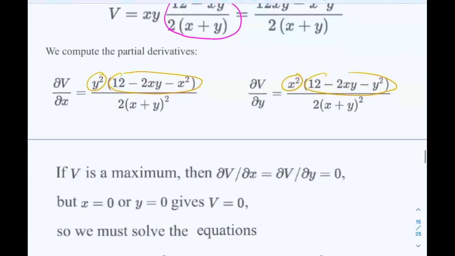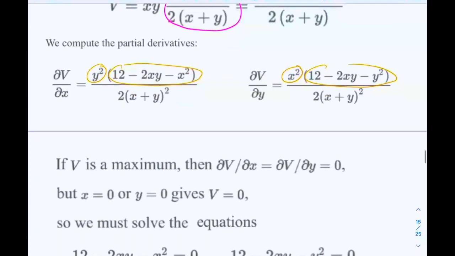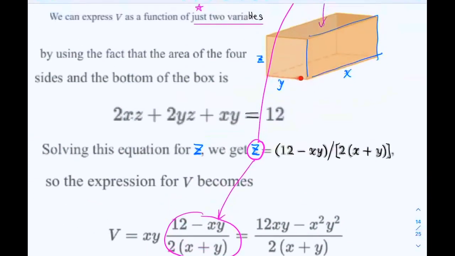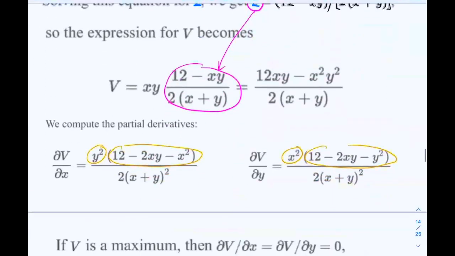Now, for this to equal 0, well, let's think about the case where x and y equal 0. If x and y equal 0, do we have a box? We don't have a box. There's no value for that, so that one doesn't make sense.